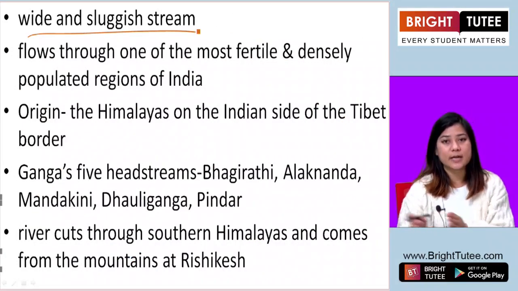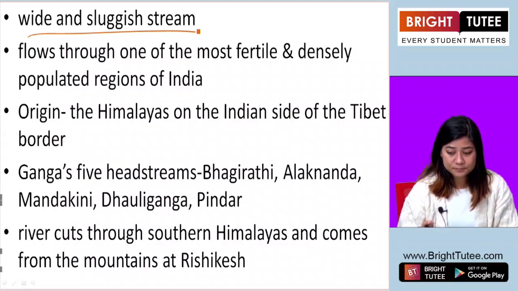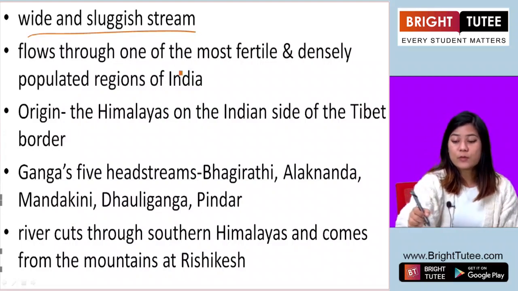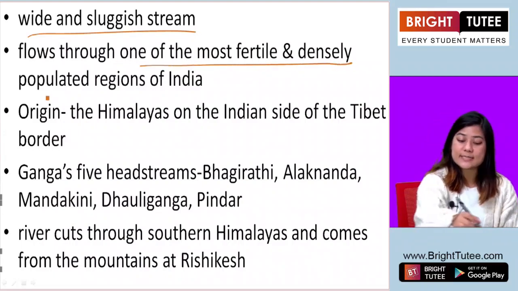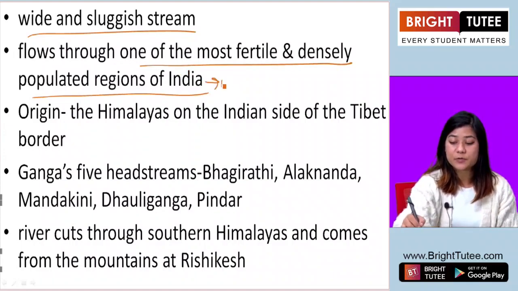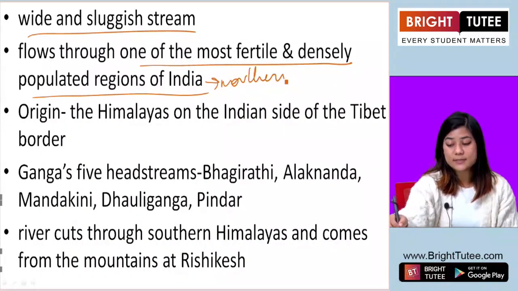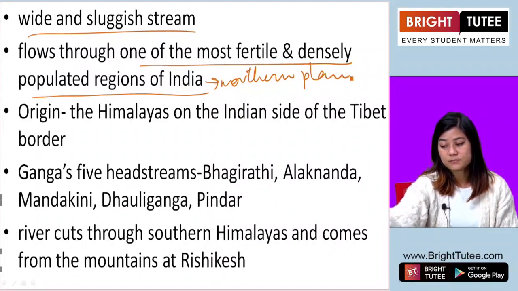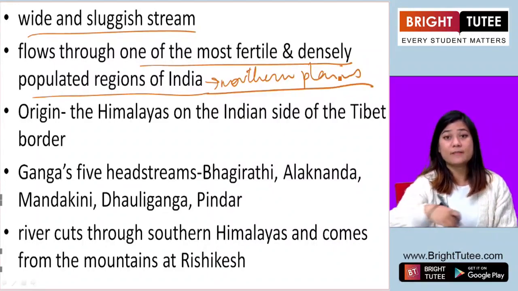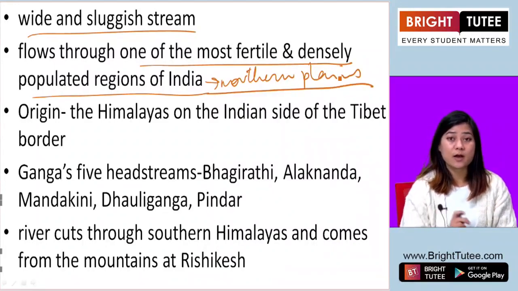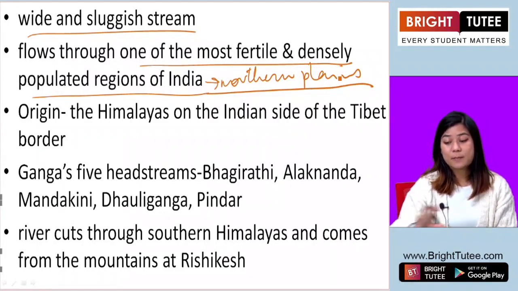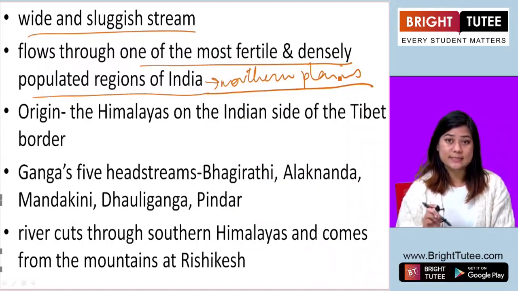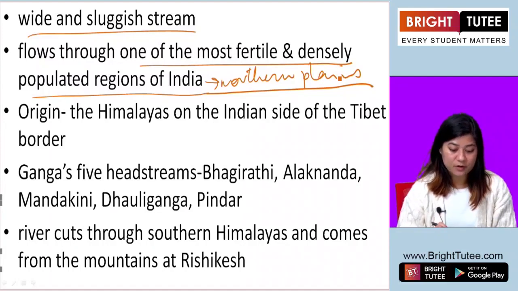It takes its time to flow. It flows through one of the most fertile and densely populated regions of India, which is the northern plains, where we have the states of Uttar Pradesh and Bihar. So that part is the most fertile and densely populated region of our country.